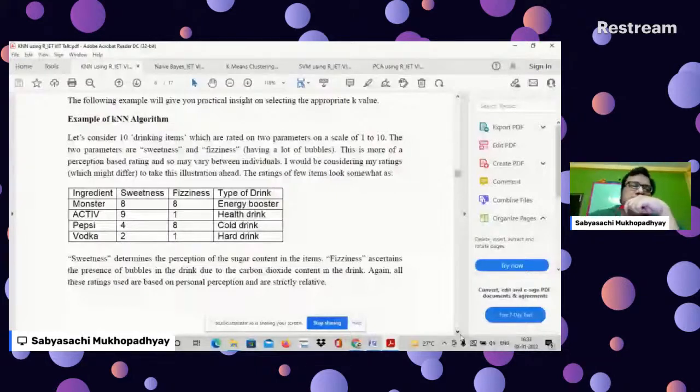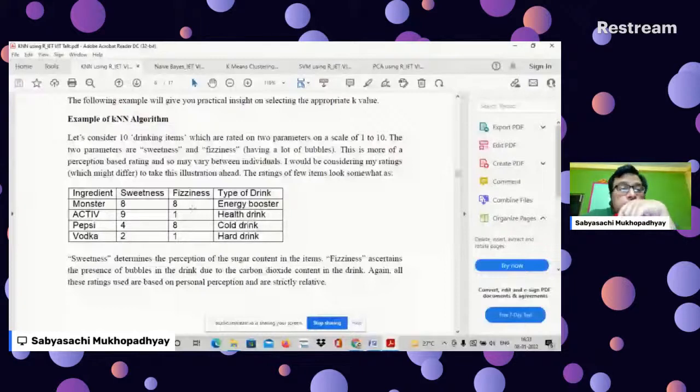So you see the ingredients are given there. We will try to find out two features. On the basis of these two parameters, sweetness and fizziness, you will basically scale 10 drinking items between 1 to 10. The type of the drinks are mentioned there, for example energy booster, health drinks, cold drinks, hard drinks.